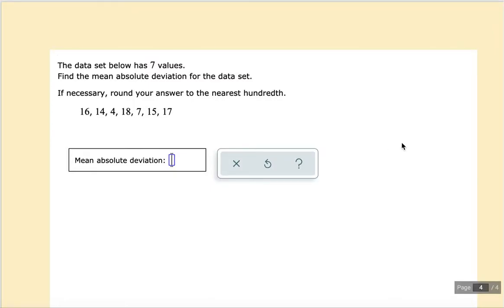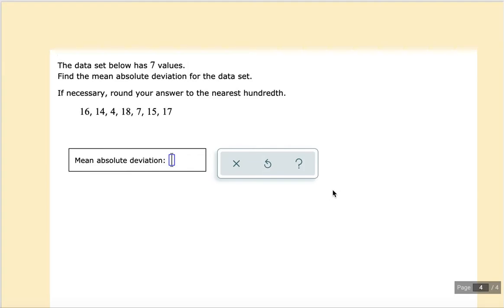All right, in this video we are going to talk about how to find mean absolute deviation. Mean absolute deviation is a lot of words, but if you think about what mean is, it's an average, and the deviation is how far something strays from what's normal.